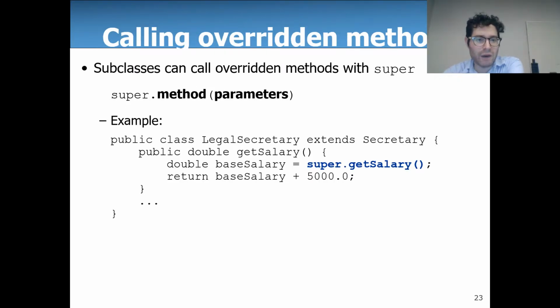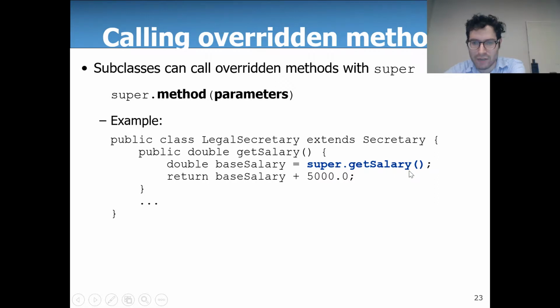So instead what we'd want to do is use our parents' information. This is where super becomes useful. We could say, okay, a legal secretary makes 5,000 more than a secretary. So we'll get the base salary for a secretary and just add $5,000 on top of that. So double base salary is equal to super.getSalary.